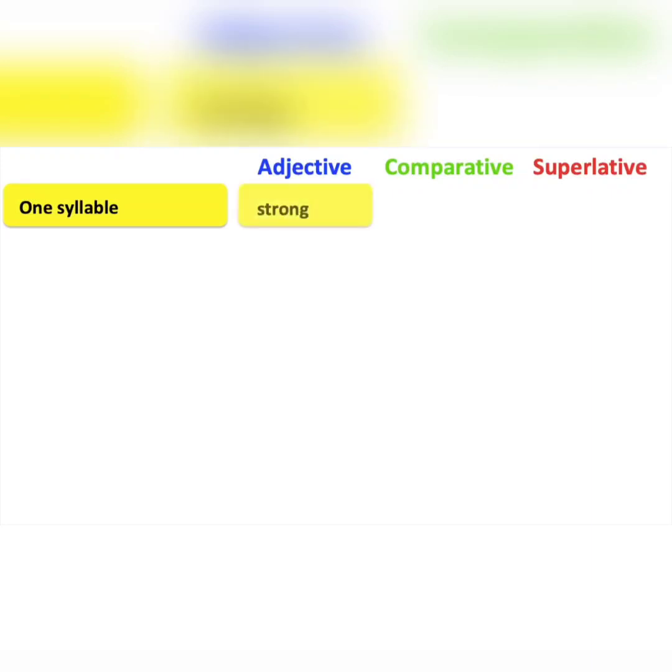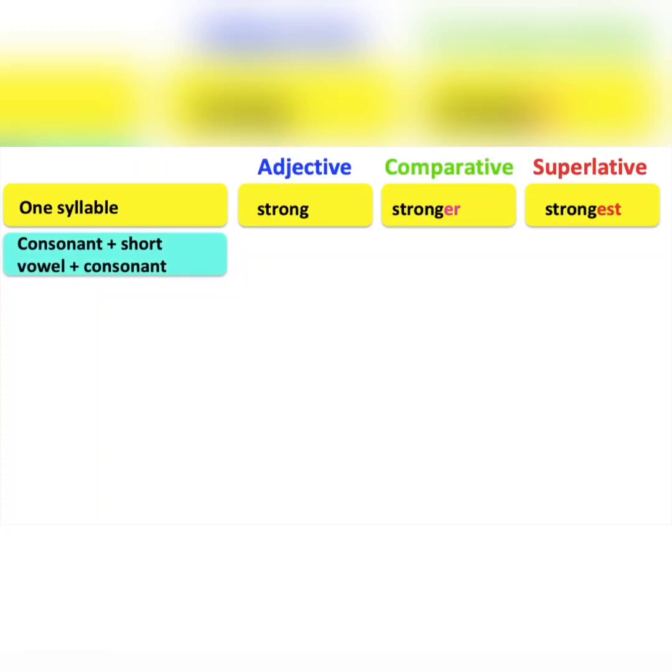For example, strong. The comparative adjective is stronger, so we add er to the end, and the superlative adjective is strongest. We add est to the end.